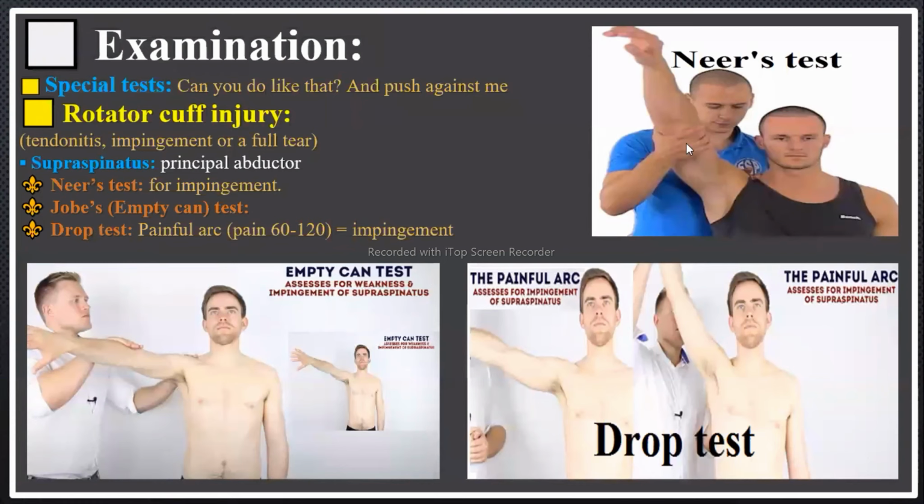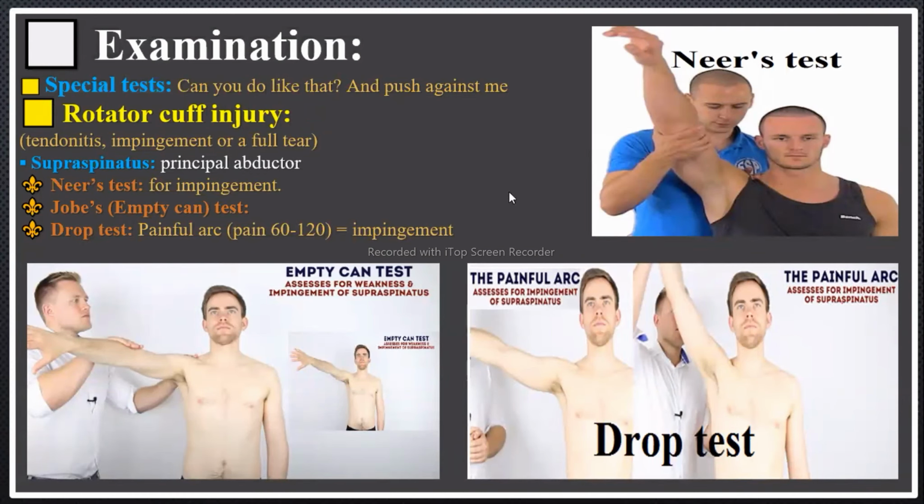We know that the function of the supraspinatus is abduction. It is very clear for me for the empty can test. In the empty can test, they are testing the supraspinatus by resisting the abduction of the patient. But the Neer test is not quite clear. Can you explain it again, please?